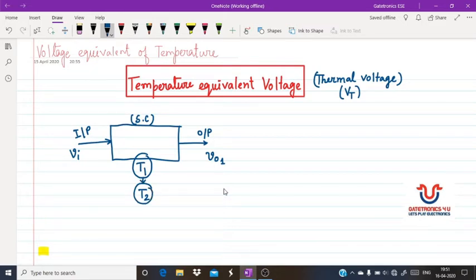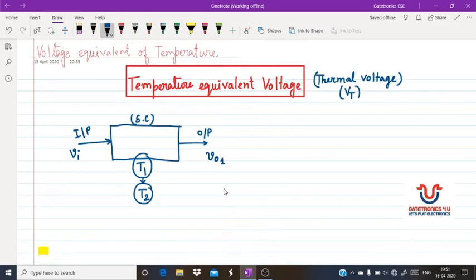Now due to this temperature change, there must be some change in the physical characteristics of this device. For that, we will get a change in the output parameters.